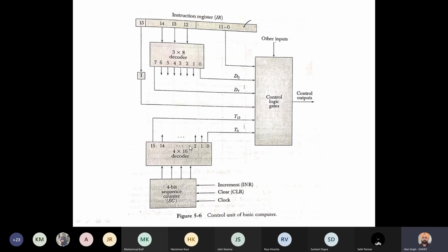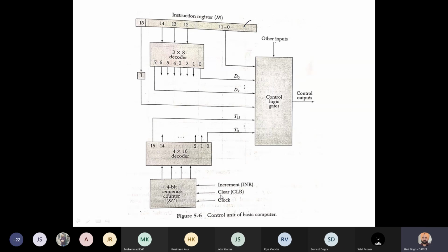So the decoder circuit will provide pulses starting from T0, T1, T2, and will go up to T15. Okay, so the output of decoder circuit depends upon its input, that is the output of the sequence counter. So this sequence counter changes its state on receiving of clock pulses. Like for example, if the sequence counter receives first clock signal, it generates 0000.